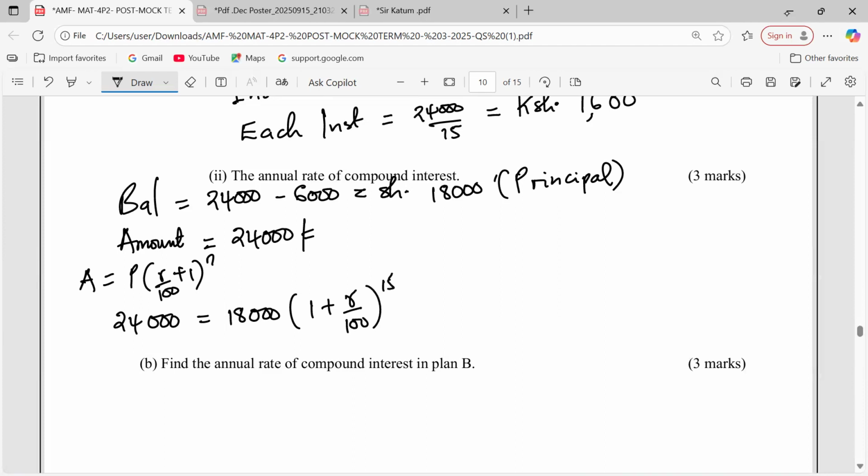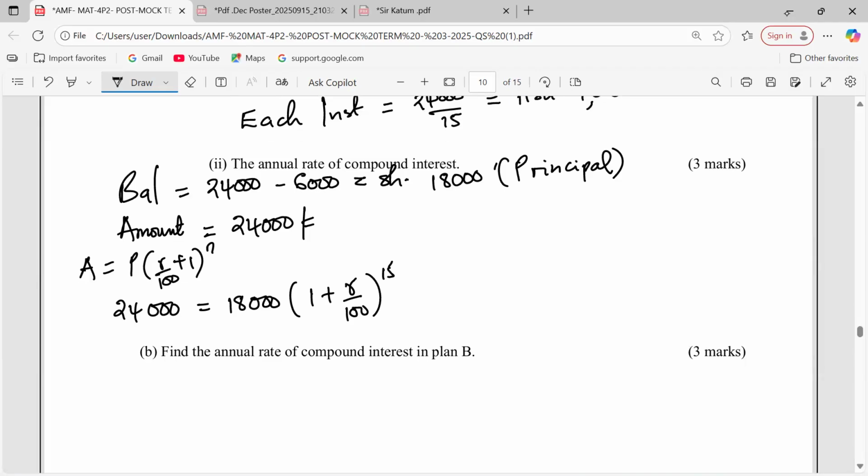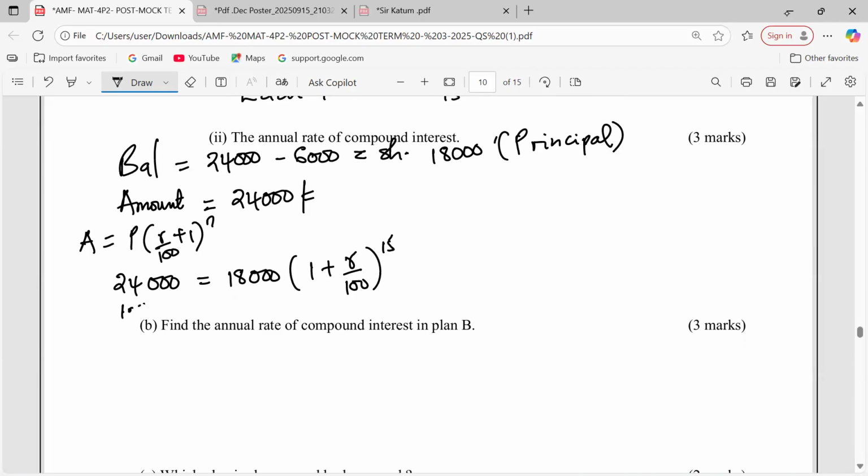You see that? So we can first take 24,000 and divide by 18,000 to give us 1.333 recurring, equals 1 plus R over 100 raised to 15.